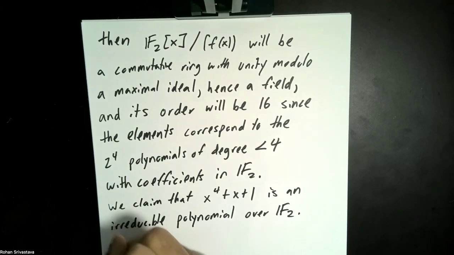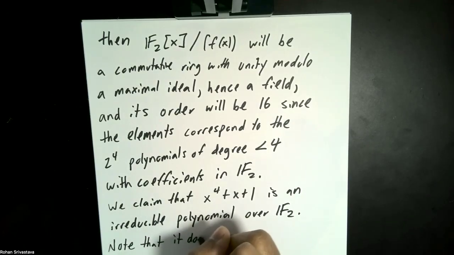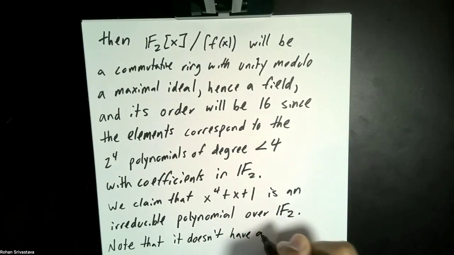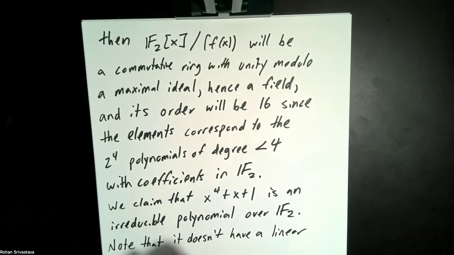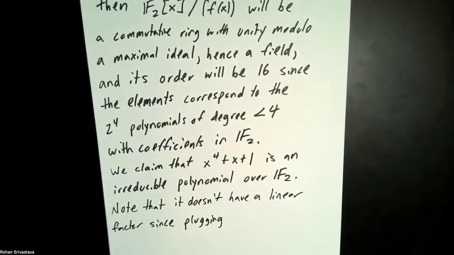So first, let's rule out the first possibility. Note that it doesn't have a linear factor, since to have a linear factor would mean it would have a root over F2, and the elements of F2 are 0 and 1.